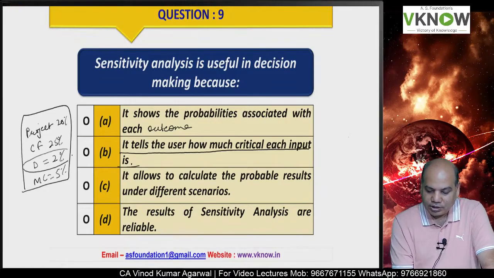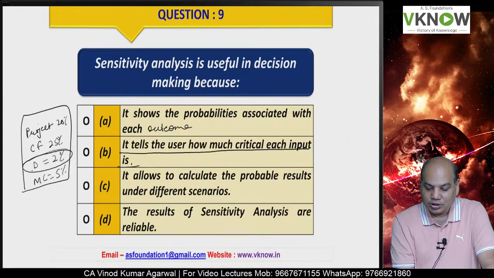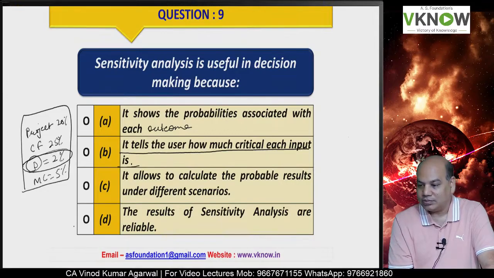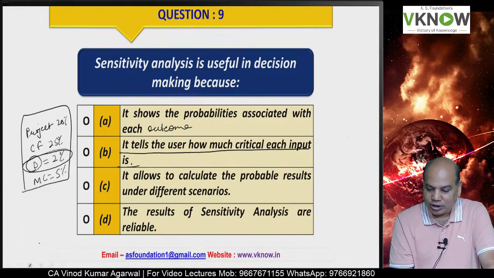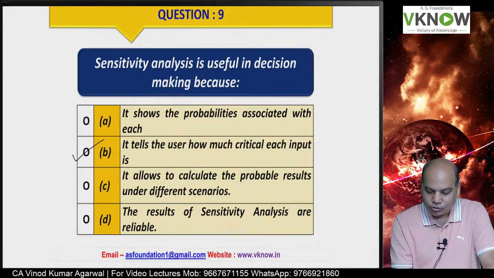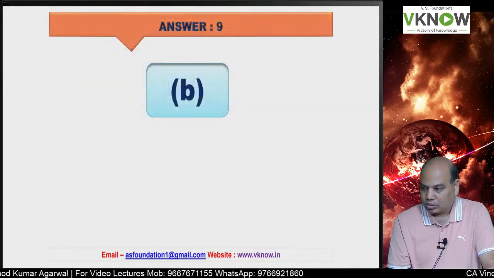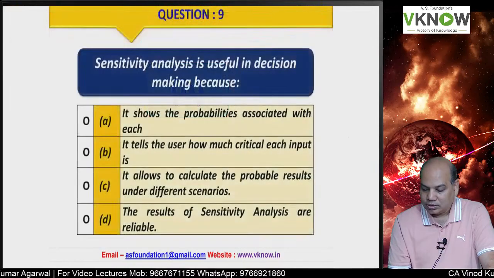For example, if the sensitivity analysis gives you 2% only, it means the discount rate is very critical. A change in discount rate even by 2% can affect the project. So you will tick mark B. B is the right answer.